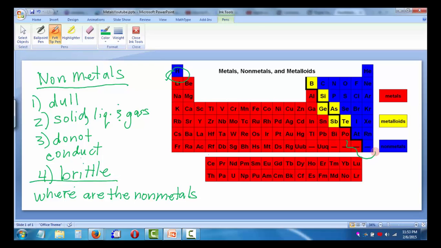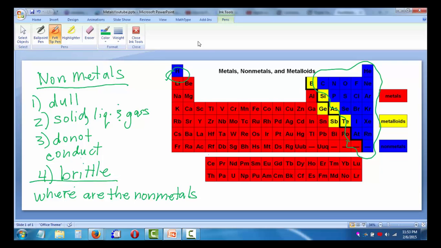If we come along and circle this area blue, and from the last chapter we talked about the noble gases and the halogens and so on, we can see all of these elements here: carbon, nitrogen, silicon, chlorine, bromine, argon, and so on. These are considered our nonmetals.